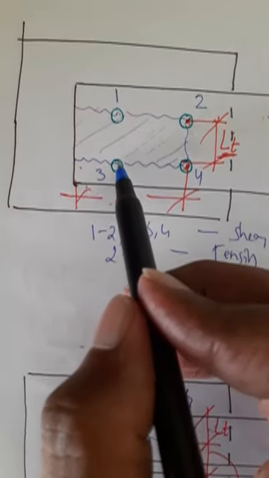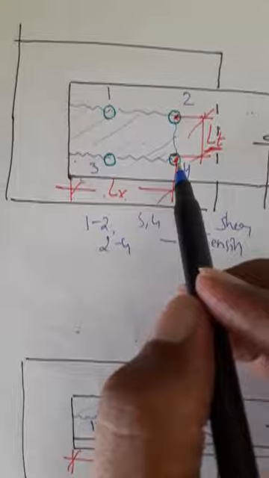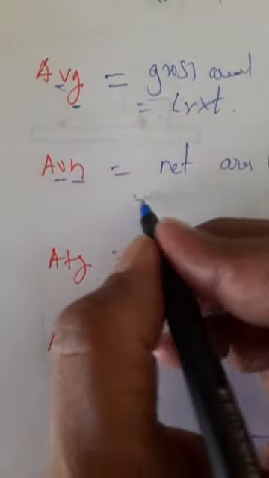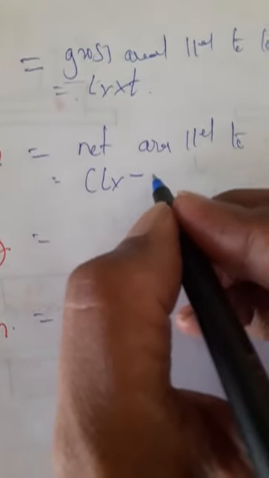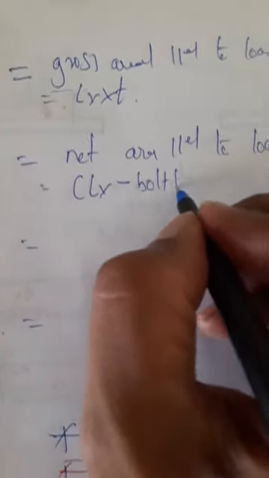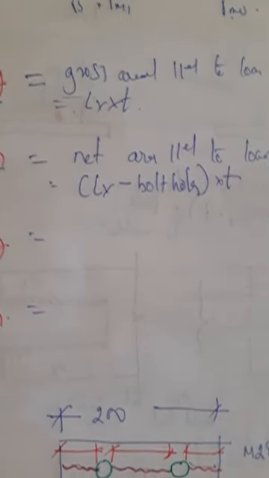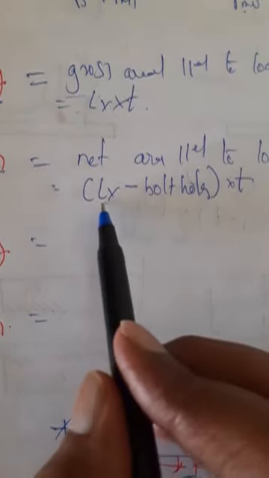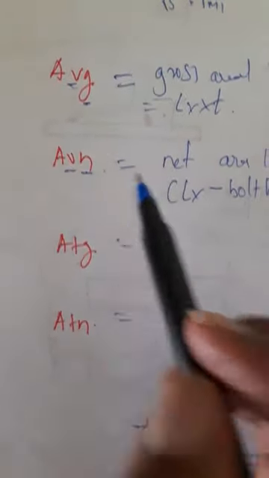So if I subtract the diameters of the bolt holes, I get net area. So AVN is equal to LV, gross length or total length, minus bolt holes, into thickness.